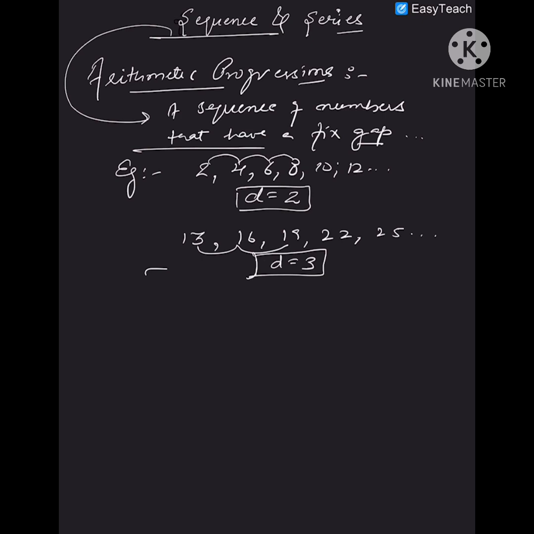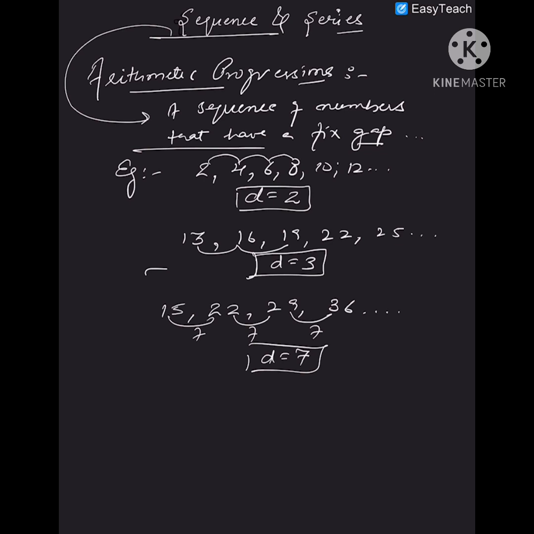Now let's take another example. For example, there is 15 and there is a difference of 7. So there will be 22, then there is 29, then there is 36. Here you can say that there is a difference of 7. So this difference could be anything, but the difference should remain the same.